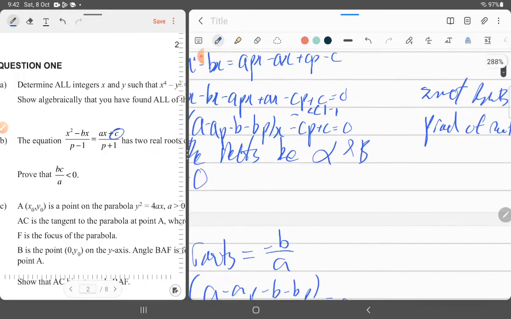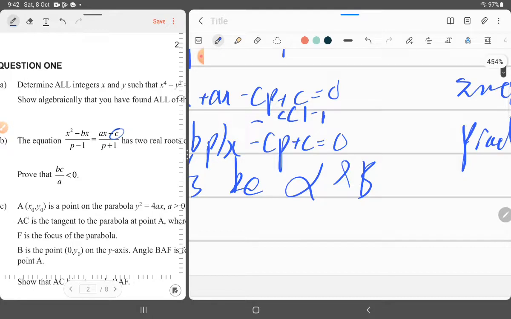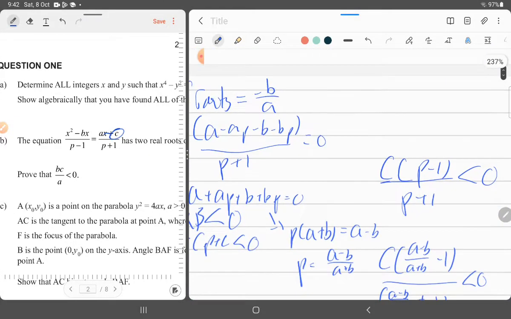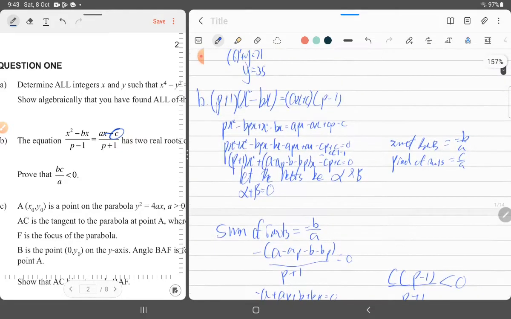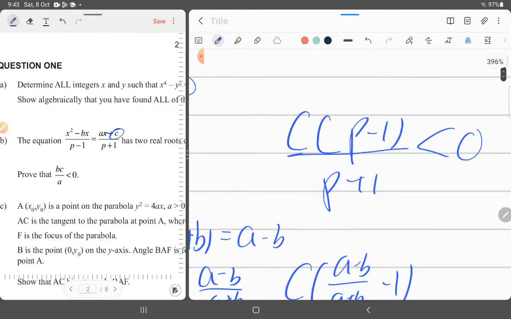Oh wait, no. Oh, I think this turns into minus. So that, yeah, because this turns into plus C brackets 1 minus P. Yeah, so this is actually 1 minus P.